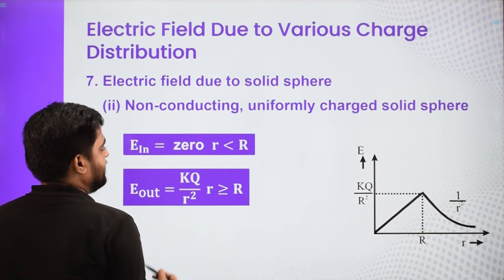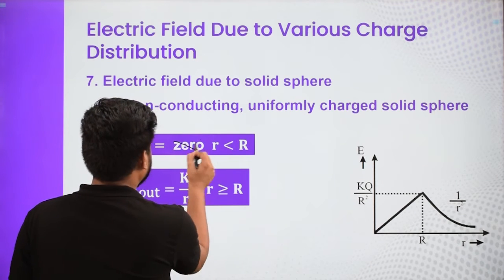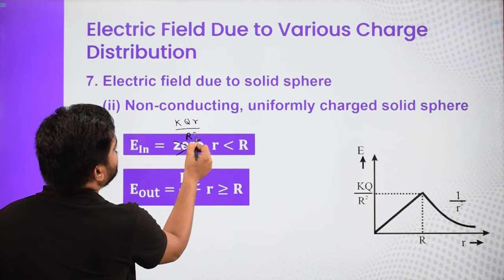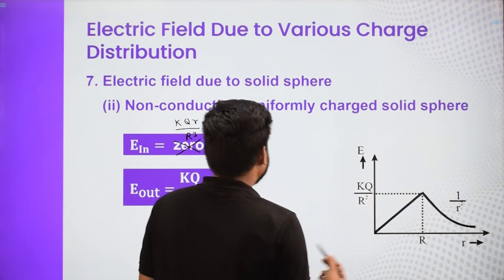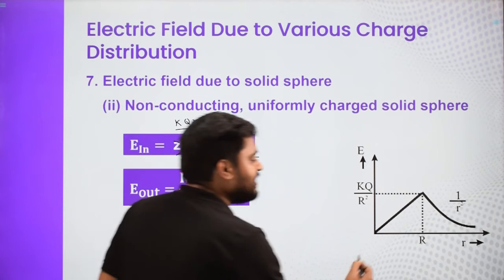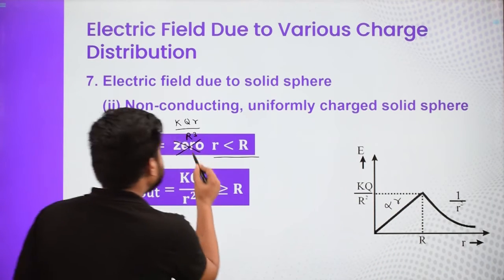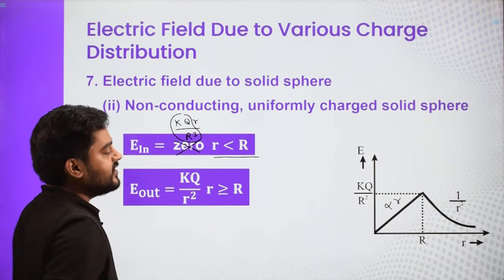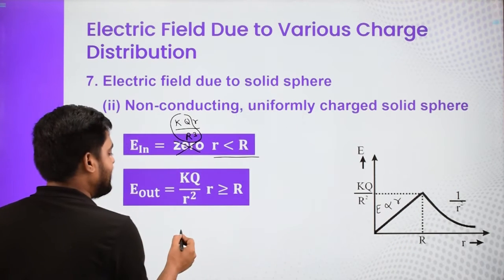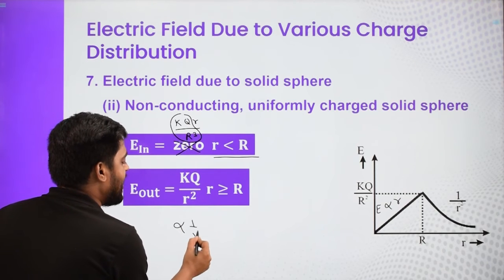So for a point, this is KQR by R cube. Here, for a point which is inside the charge, the electric field is directly proportional to R, right? KQ by R cube is a constant, so electric field is directly proportional to R. And for a point which is outside, it is proportional to 1 by R square.